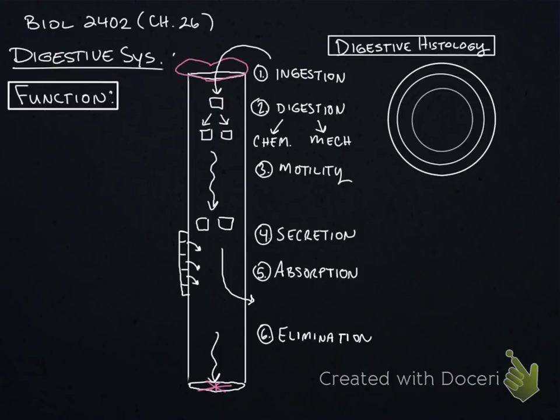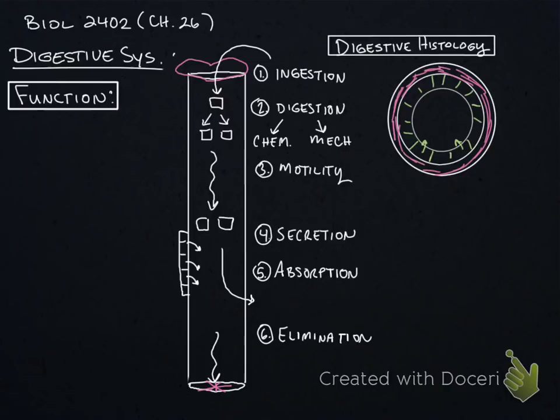So before we move on, let's take a look at some generalized histology of the digestive tract. So on the outer ring, we have layers of smooth muscle that help with motility and also mechanical digestion. So, for instance, in the stomach, we have 3 layers of smooth muscle that churn and mix the food. Then we have the layer of epithelial cells that aid in secretions.